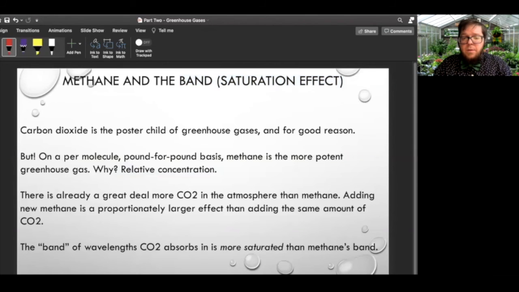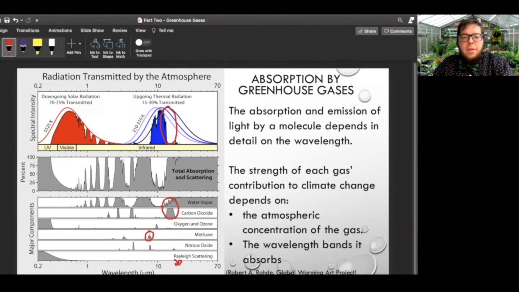So let's go back over here. Okay. Think of this pink curve or this blue curve as the radiation we would emit if there were no greenhouse effect or if there were no atmosphere, as in our naked Earth model, right? And carbon dioxide comes along and it takes a bite out of that curve, right?